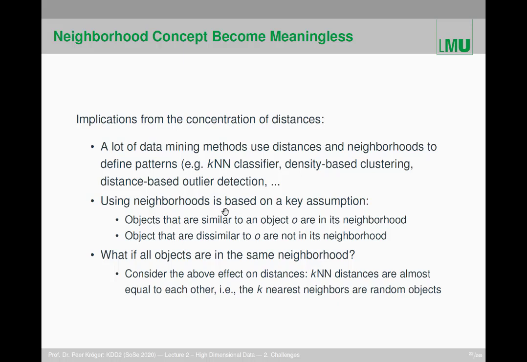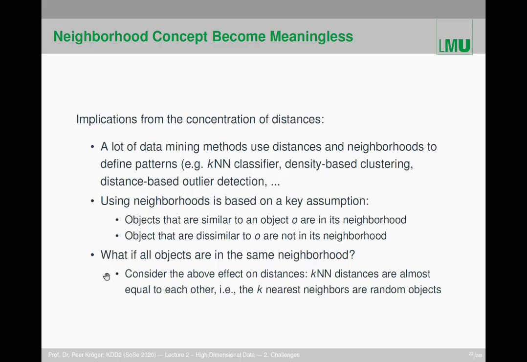Many of those use neighborhoods, and the usage of neighborhoods is based on a key assumption: that objects that are similar to an object are in its neighborhood, and objects that are not so similar to an object are not in its neighborhood. That's how those methods define and derive patterns.